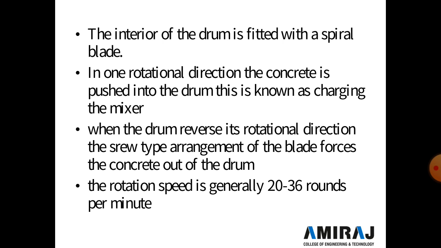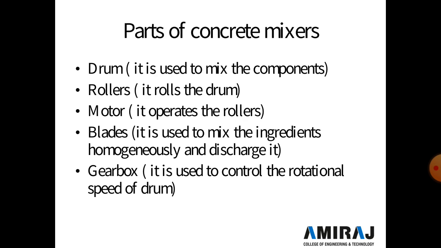This is known as charging the mixer. When the drum rotates in the reverse direction, the screw-type arrangement of the blade forces the concrete out of the drum, and the rotation speed of the drum is generally 20 to 36 rounds per minute.